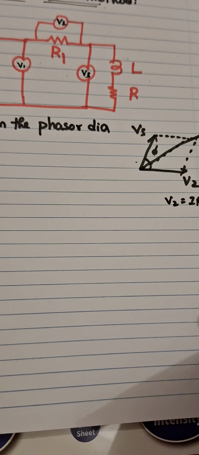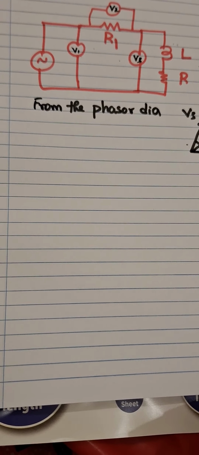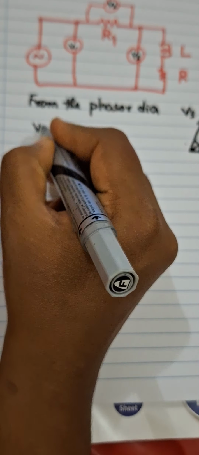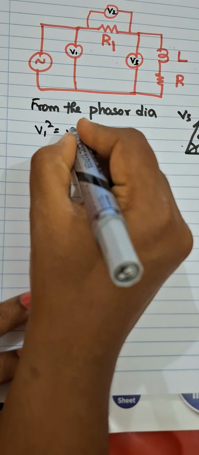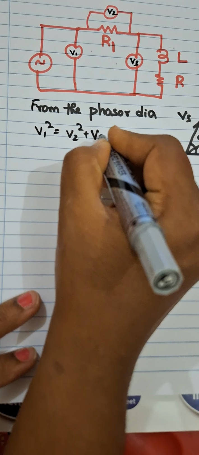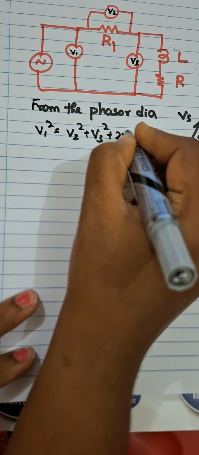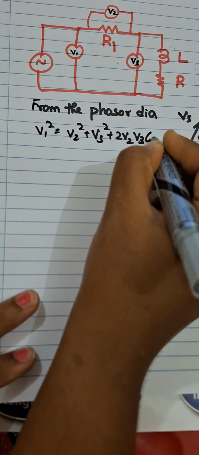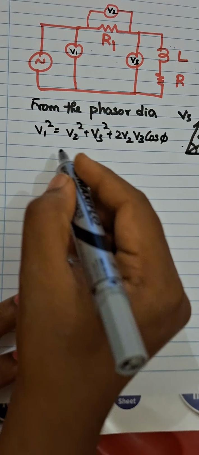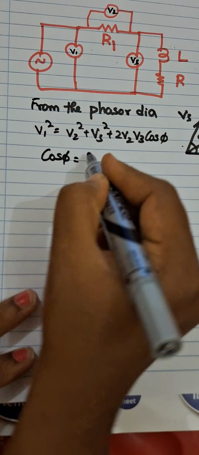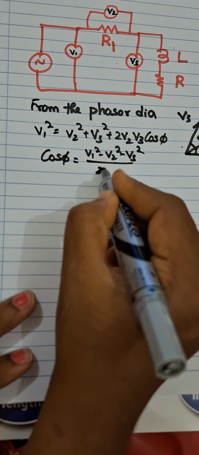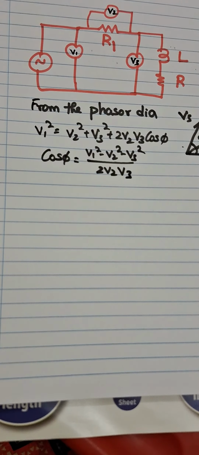So now we are using the same phasor diagram and we are writing our equation as V1 square is equal to V2 square plus V3 square plus 2 V2 V3 cos phi. From this we said cos phi is equal to V1 square minus V2 square minus V3 square by 2 V2 V3.